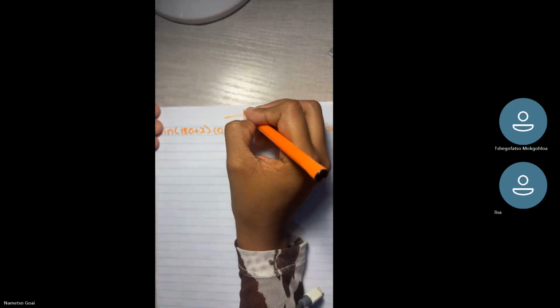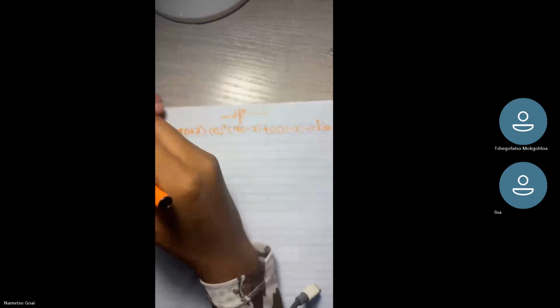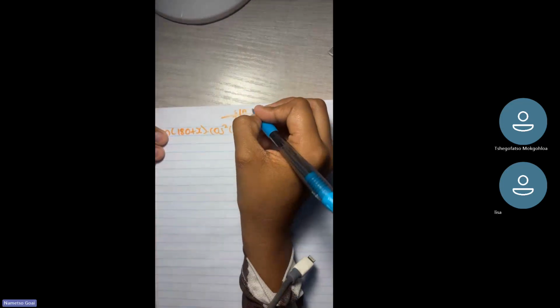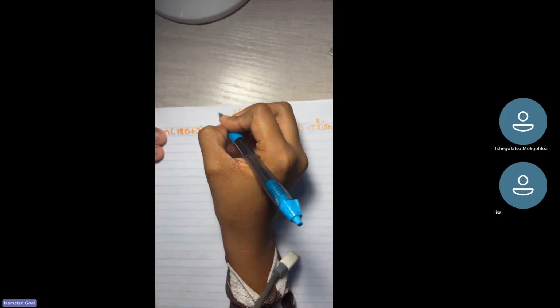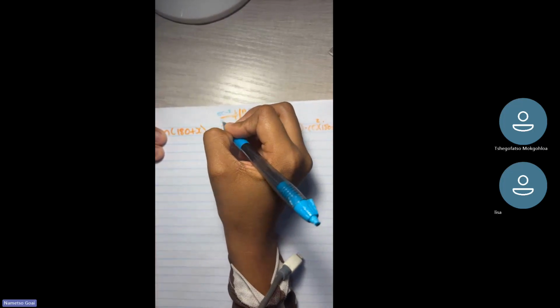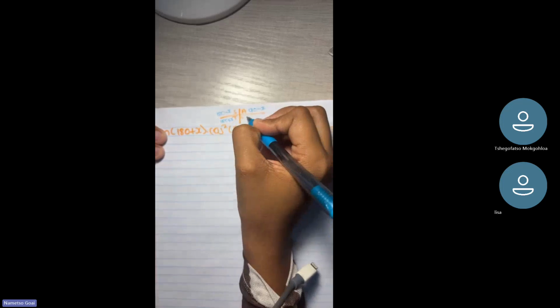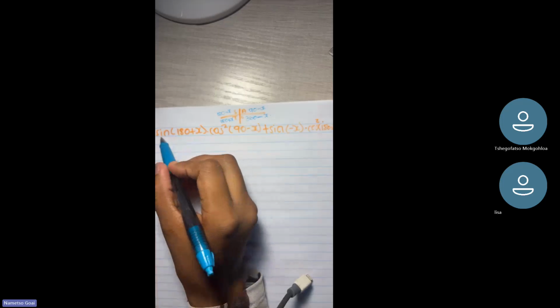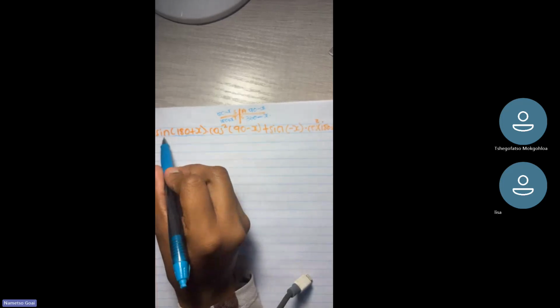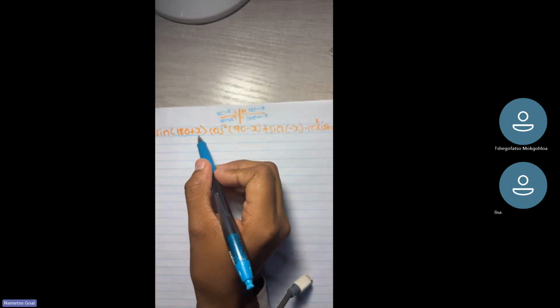We said, then let me just make a pretty CAST diagram over here. This is 90 minus x, 180 minus x, 180 plus x, 360 minus x, right? So we said that for this part here, we just have to look for the behavior of sine at 90 plus x.